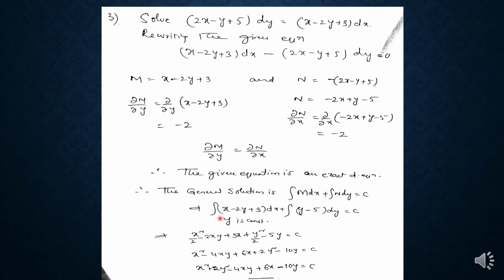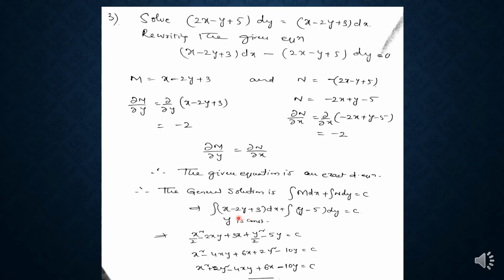So now integrate this M, x minus 2y plus 3, with respect to x by taking y as constant. This becomes integral x dx, which means x square by 2, minus integral 2y dx, which is 2y into x. We know that integral 2 dx is 2x, integral 3 dx is 3x.